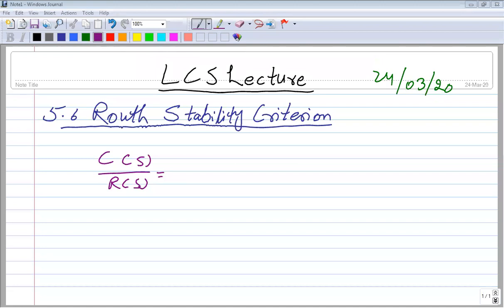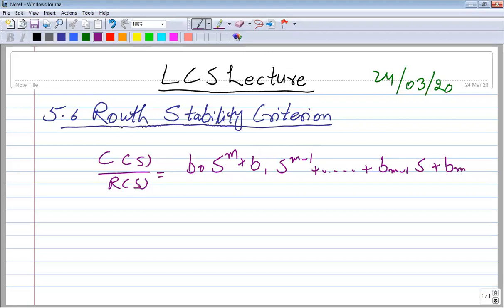For instance, this polynomial is b0 s^m plus b1 s^(m-1) plus, and you carry on till b(m-1) s plus bm, right?